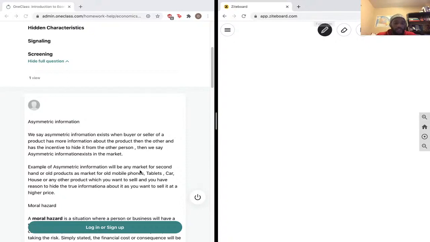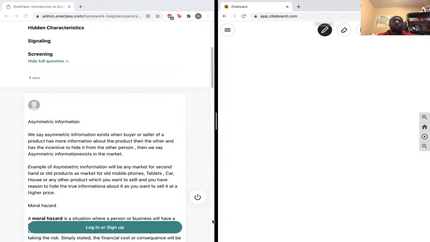Example of asymmetric information would be any market for secondhand or old products. For example, a market for old mobile phones, tablets, car, house, or any other product which you want to sell. You have reason to hide true information about it as you want to sell it for a higher price. And this is a perfect explanation.